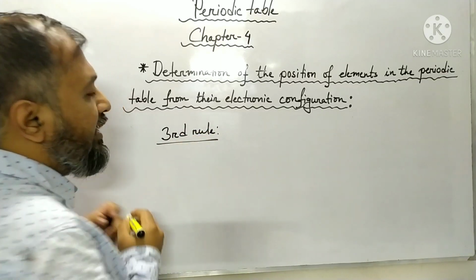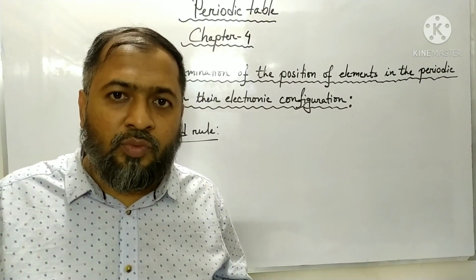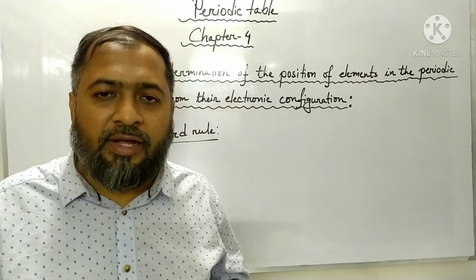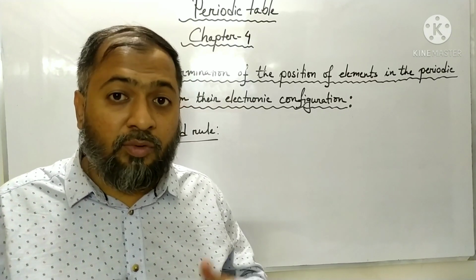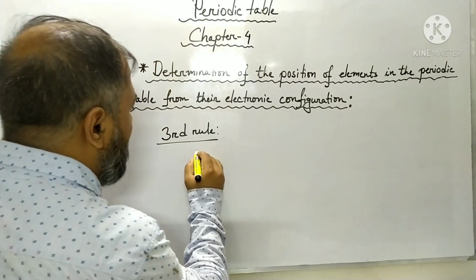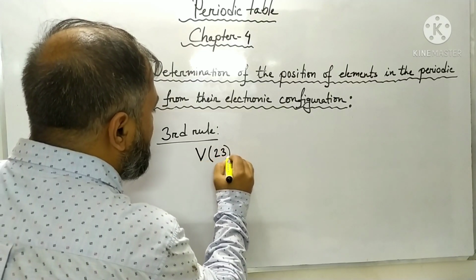Now students, if the last electron enters the 4s orbital, which is preceded by the d orbital, then how can we find out the group number of that element? Now come to the first one, which is vanadium, and the total electron number of vanadium is 23.